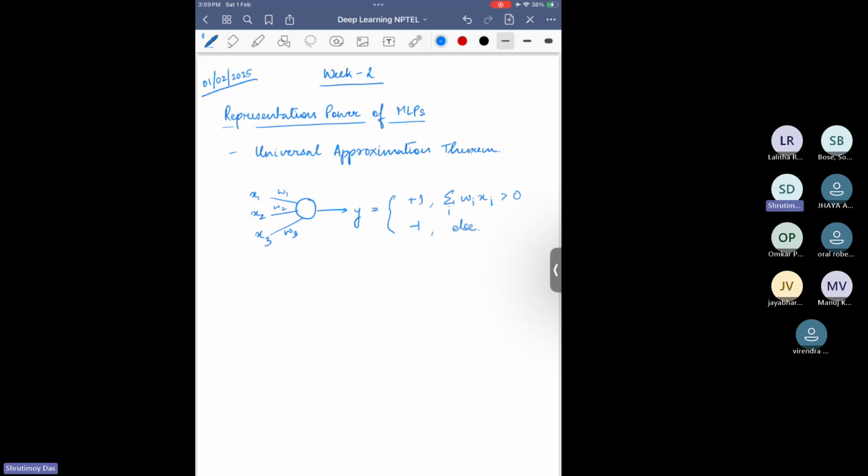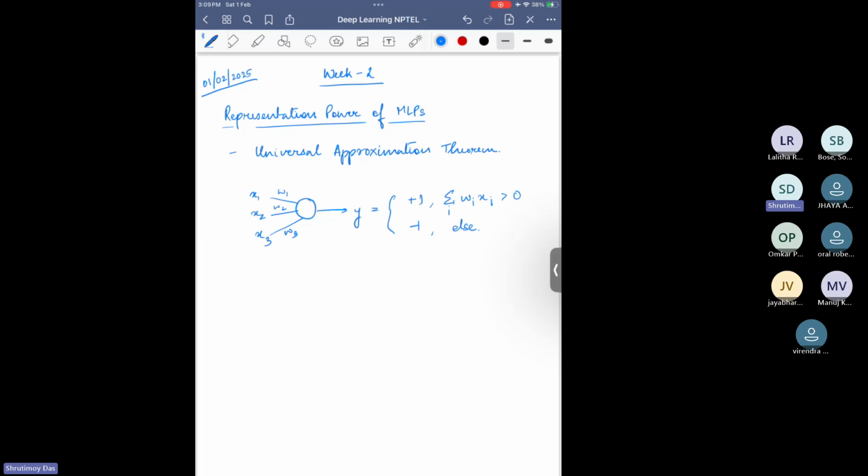Then we went to the sigmoid or the logistic function, because we don't want the thresholds to be very hard. We don't want to say that at this point your decision becomes positive and at this point it becomes negative. We want a smooth transition.